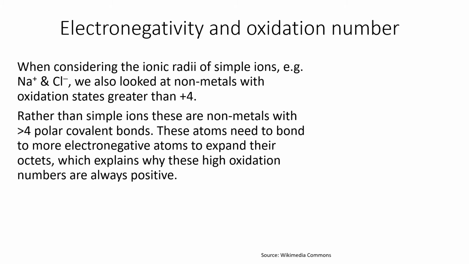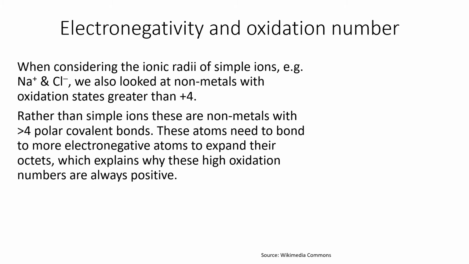And so what really drives these atoms to use all of their electrons and to expand their octets? In practice, it will be bonding with a very electronegative atom, an atom that's much more electronegative than it is. In that case, the electronegative atom really yanks on those electrons, because we think about electronegativity as being an atom's hold on a bonding pair of electrons.